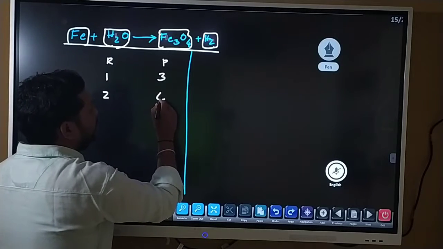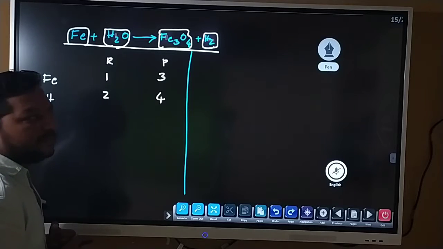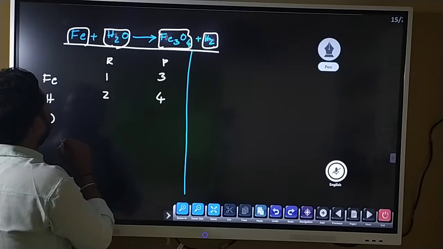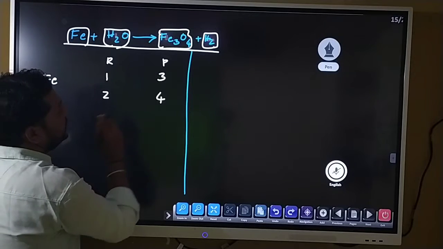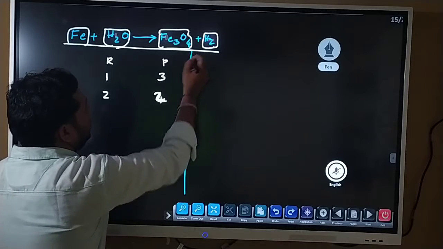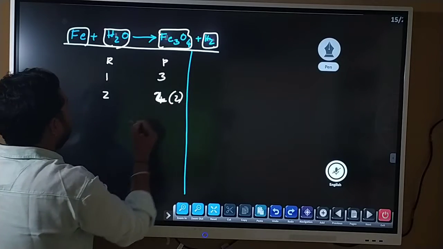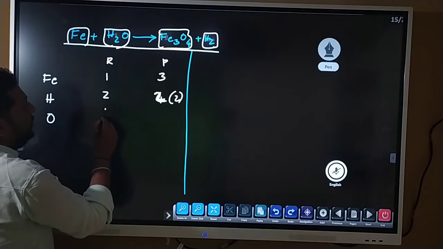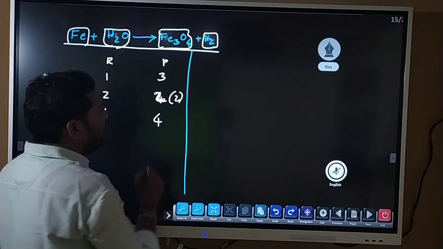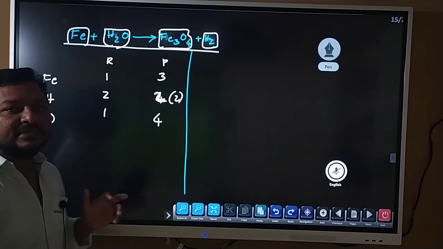On the product side it is 2 hydrogen atoms. Oxygen: 1 oxygen on the reactant side, and on the product side we have 4 oxygen. Clear? This is the second step.